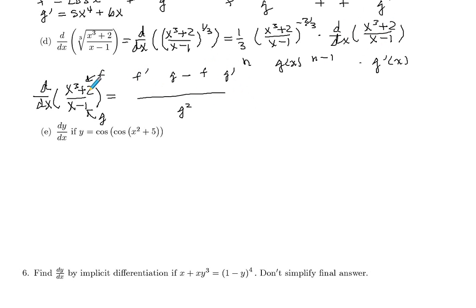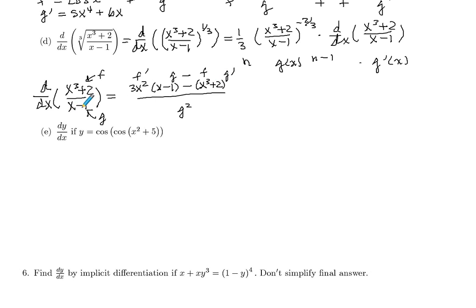So f prime, the derivative of the top: 3x squared is the derivative of x cubed, and the derivative of 2 is 0, times our bottom function g, which is x minus 1, minus the top function f, x cubed plus 2, times the derivative of the bottom function.